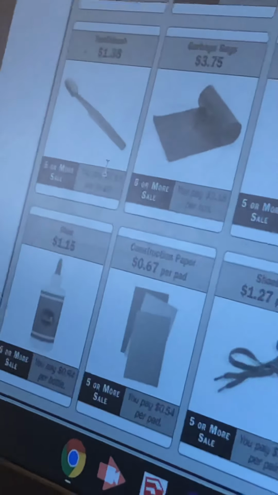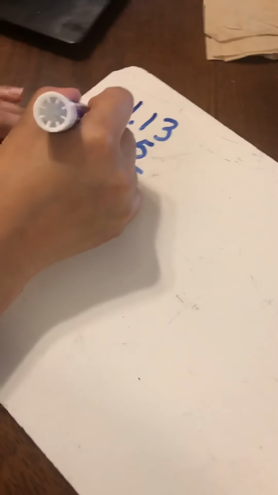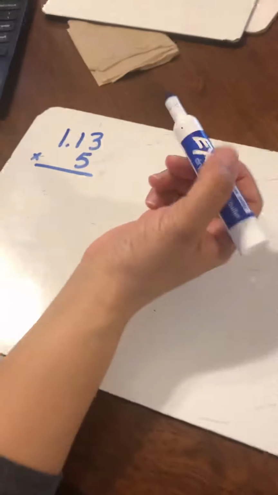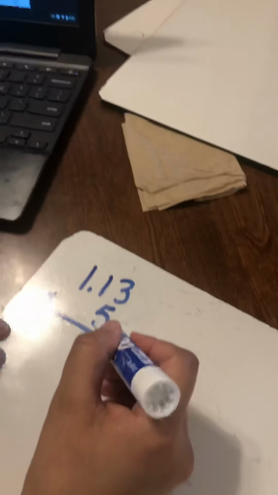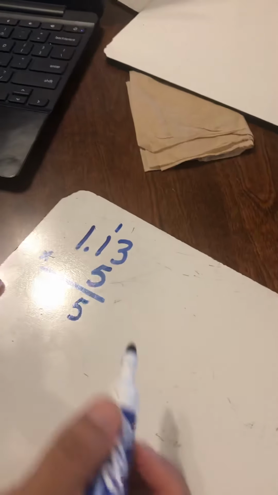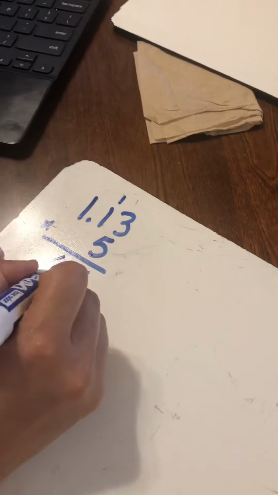Okay, so I'm going to show you how to multiply to do a shortcut. So $1.13 times 5 because he bought 5 toothbrushes. So what I'm going to do is ignore the decimal point and multiply as if I were multiplying 113 times 5. So 5 times 3 is 15. 5 times 1 is 5 plus 1 is 6.